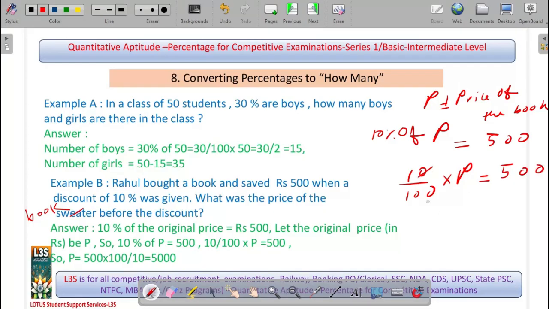So we can cancel 1 0 here. So P will be 500 into 10, so it is 5000. So the price of the book before discount is 5000. This is how we can find out.